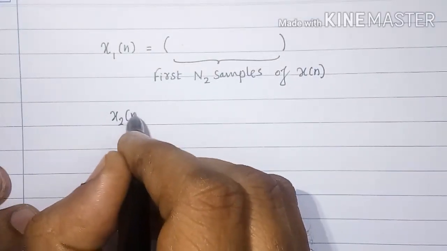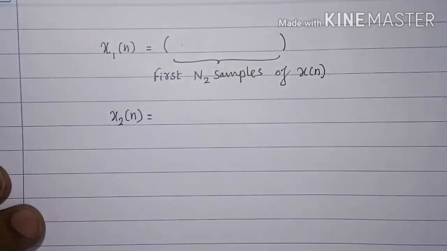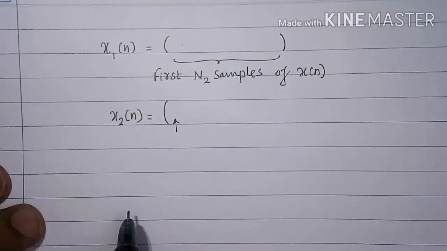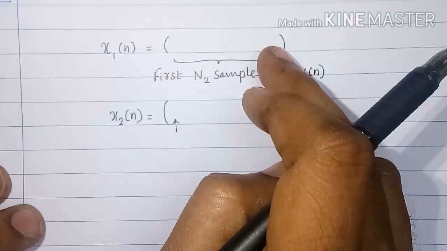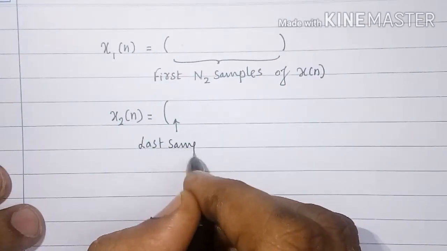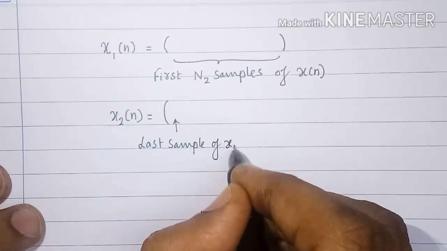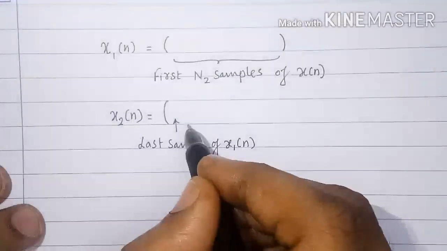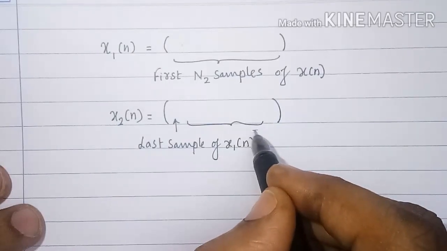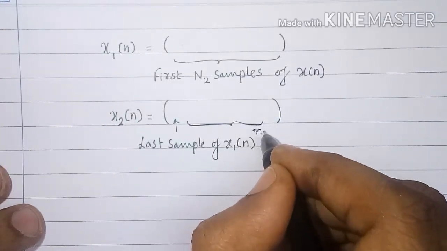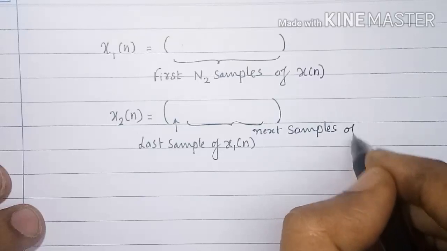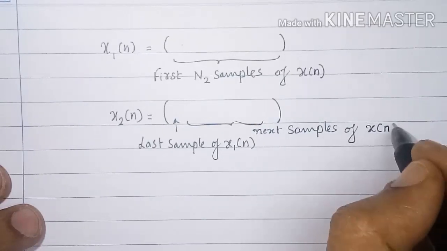In x2 of n, the first sample will be the last sample of x1 of n, and here we will have next samples of x of n.